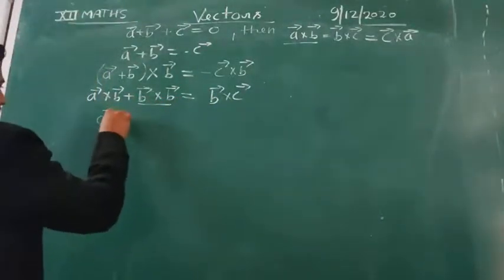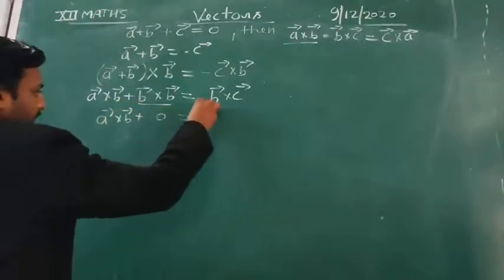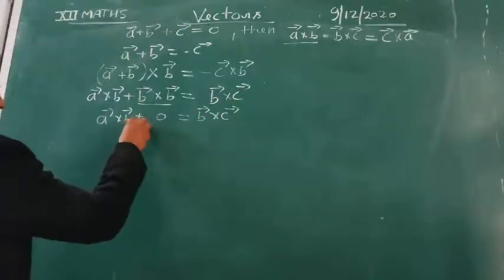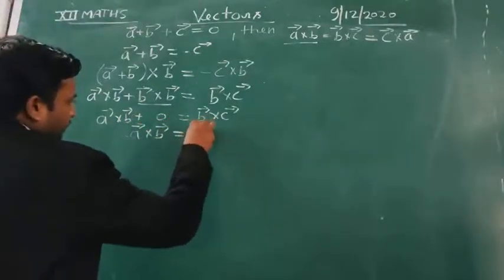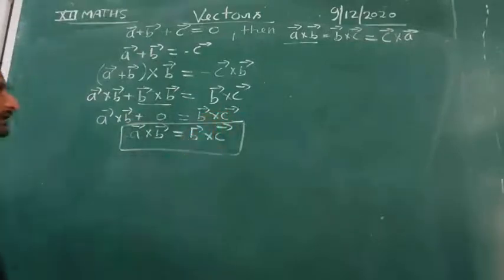So we write A cross B is equal to B cross C. So A cross B is equal to B cross C. So this is the first part.